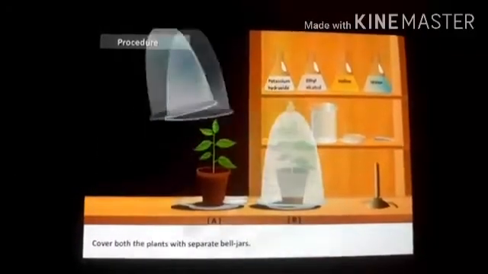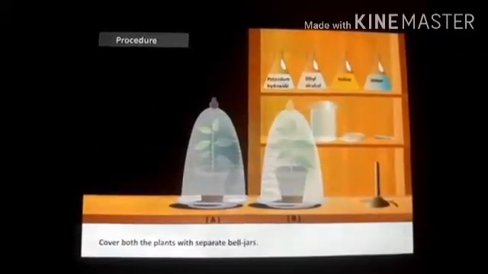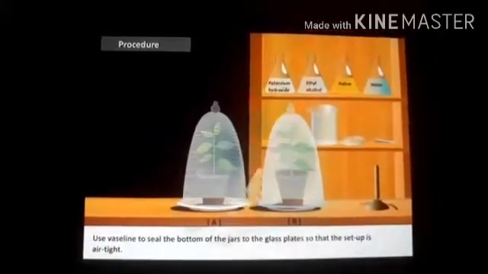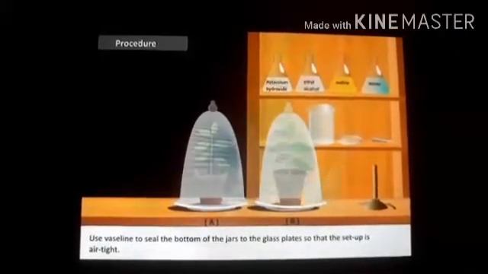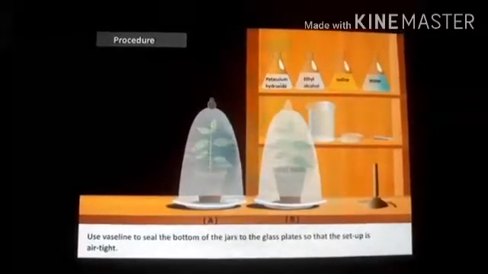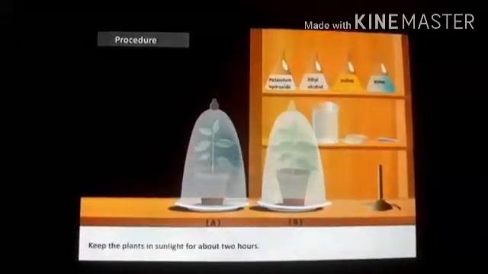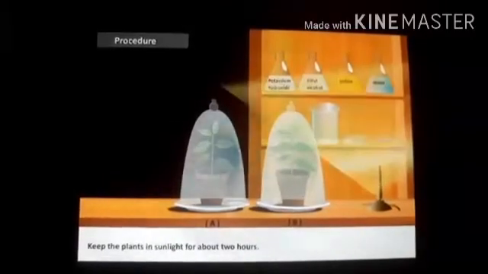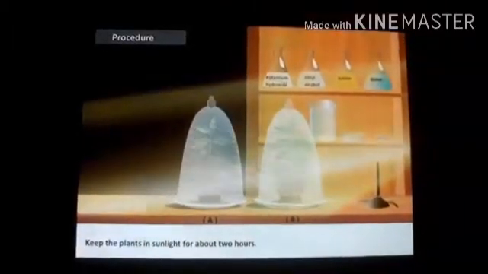Cover both the plants with separate bell jars. Use Vaseline to seal the bottom of the jars to the glass plates so that the setup is airtight. Keep the plants in sunlight for about 2 hours.